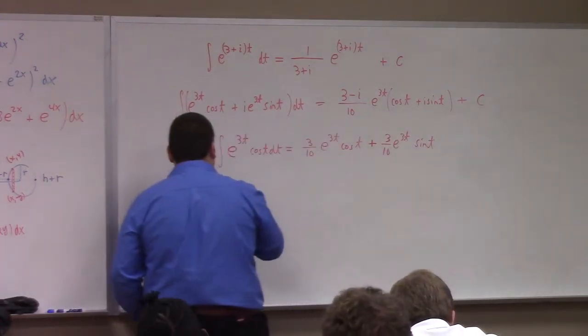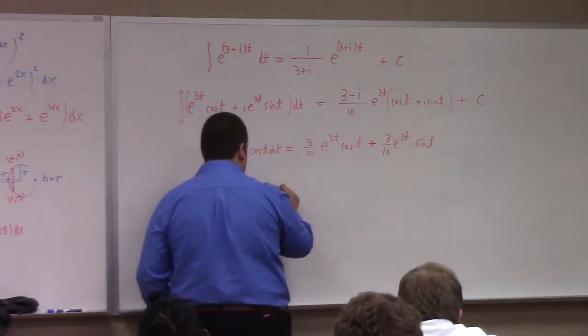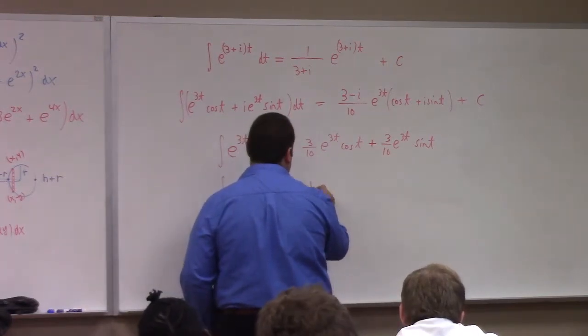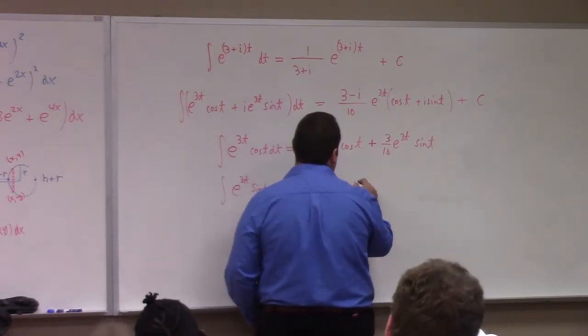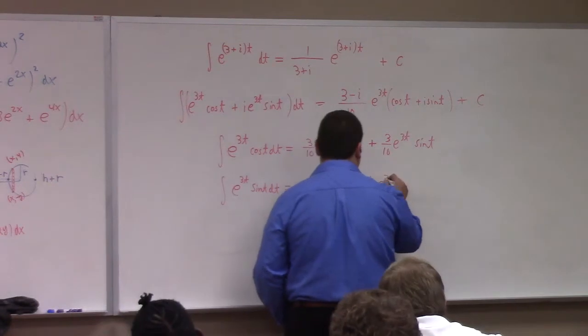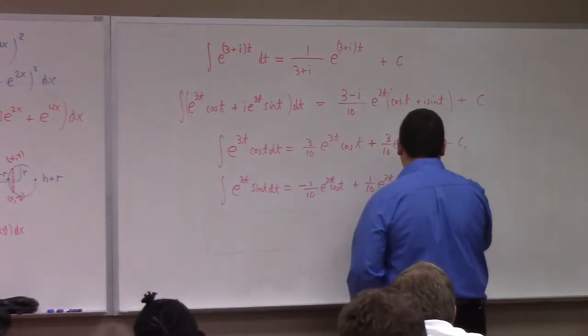And I also get that the integral of e to the 3t sine t dt is equal to minus 1/10 e to the 3t cosine t plus 3/10 e to the 3t sine t. Of course, plus c1 plus c2.